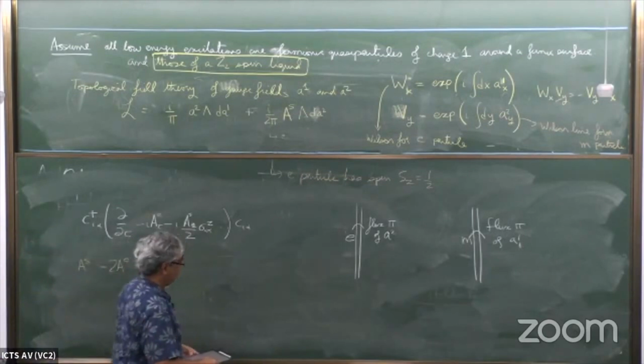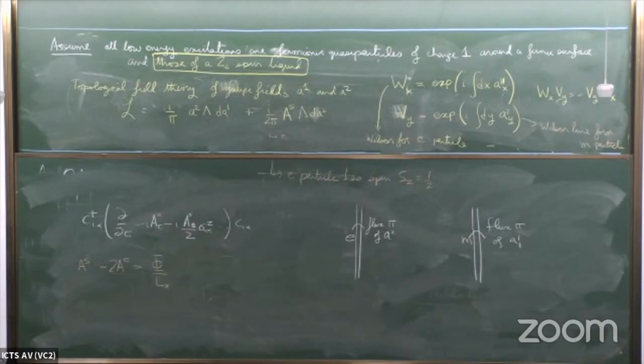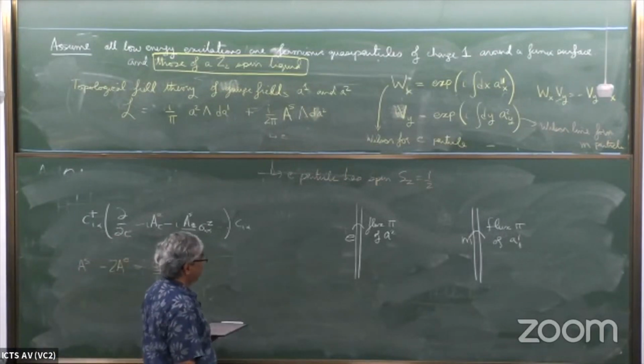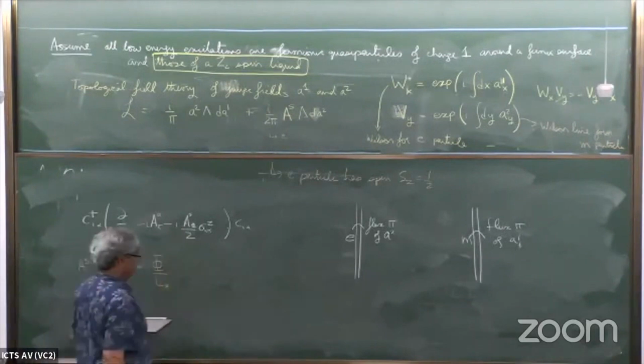All right. So now this is the final PS resistance. Now I recall a very important relation that we had deduced a while back for the effect of translations on a Z2 spin liquid.